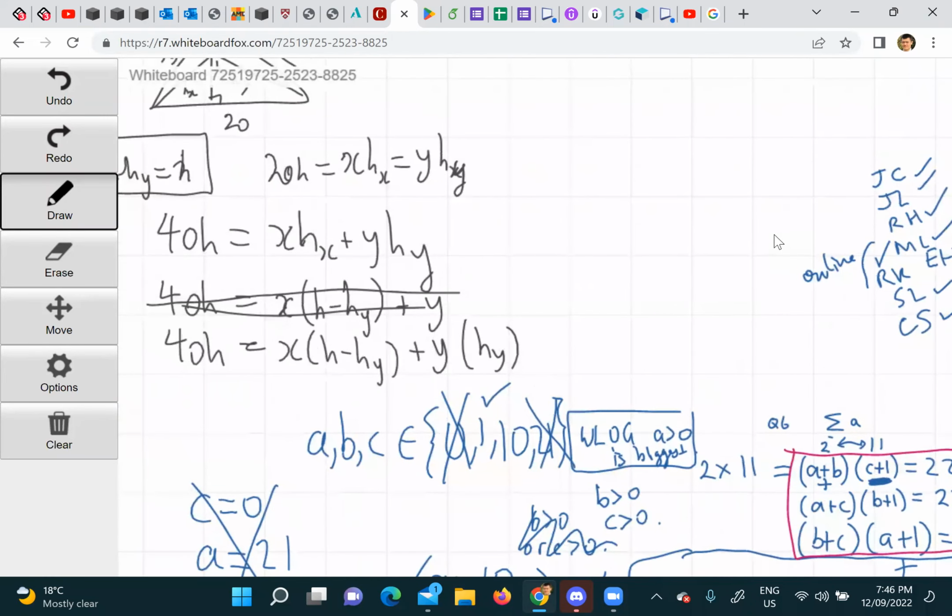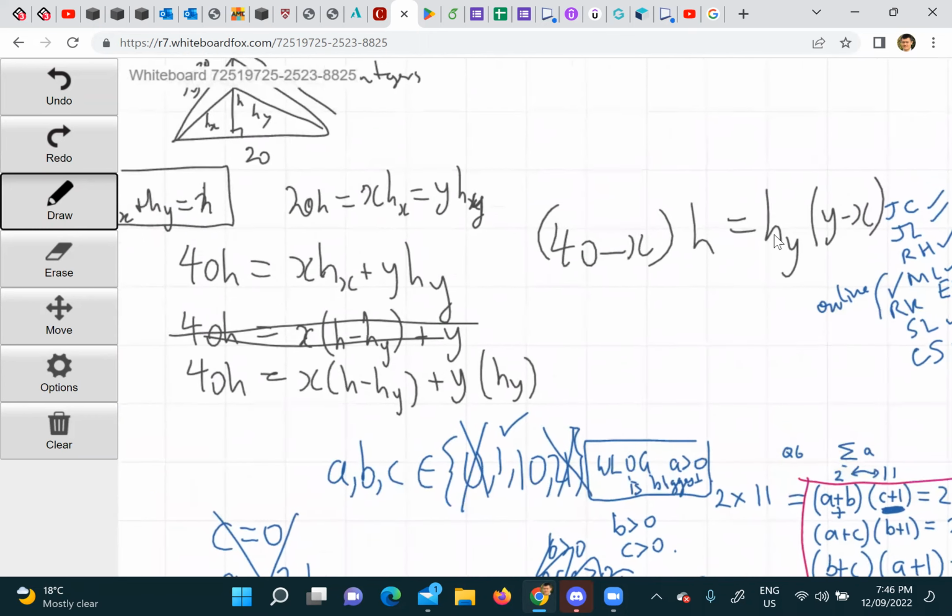Then you collect the h's, so it's 40 minus x, h, equal to, collecting the hy's, y minus x, hy.